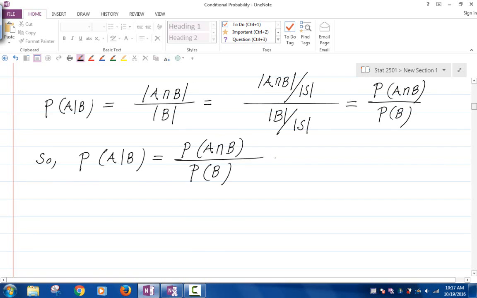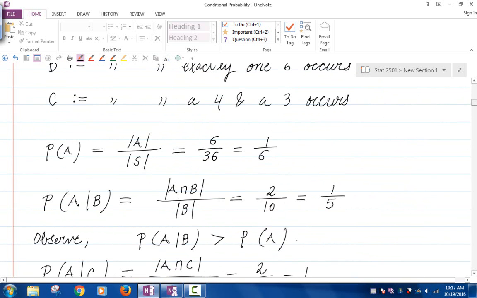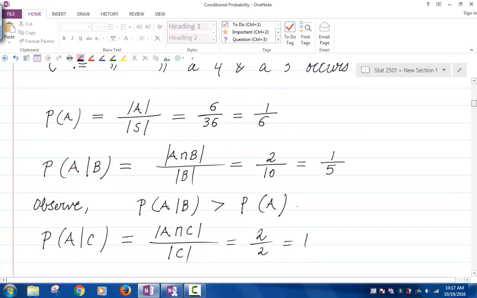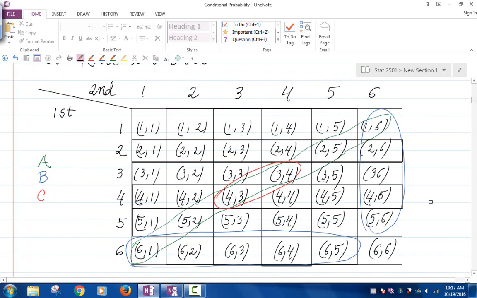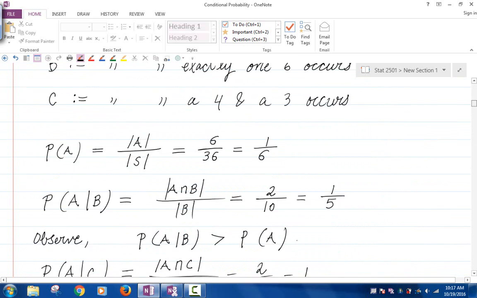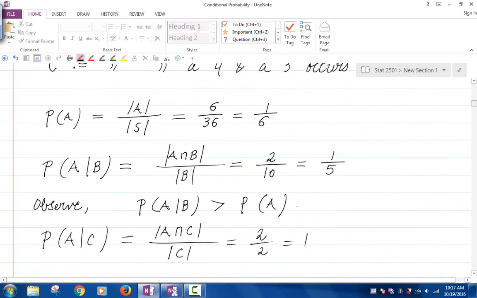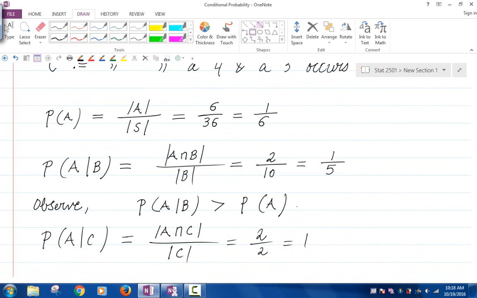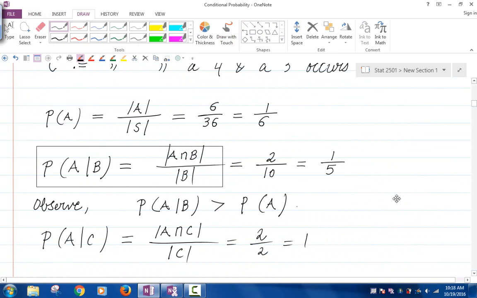Now, notice previously we took the probability of A given B, this, right?